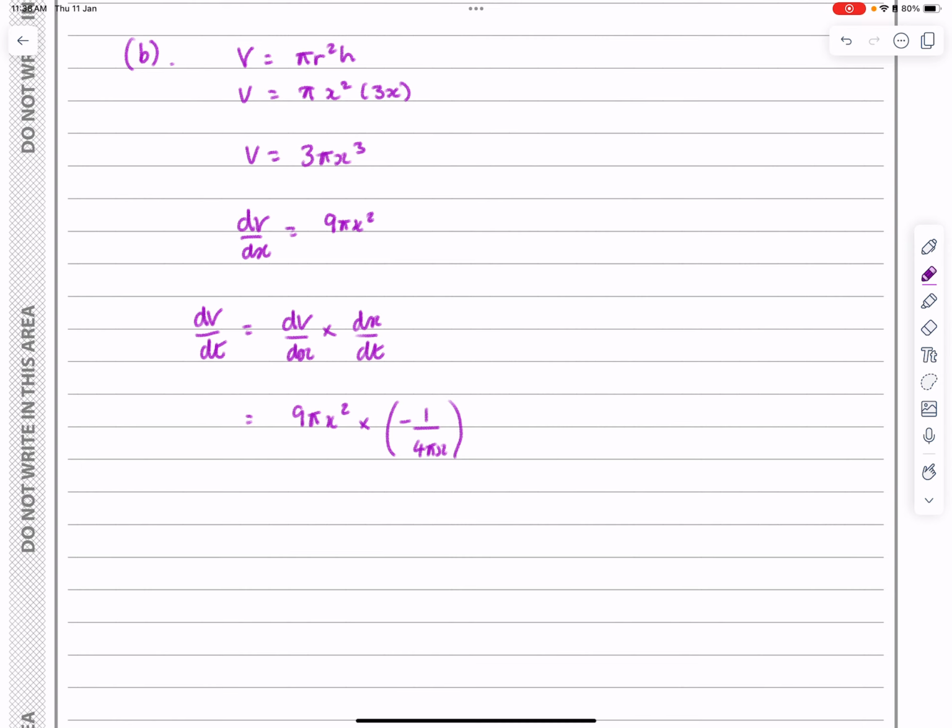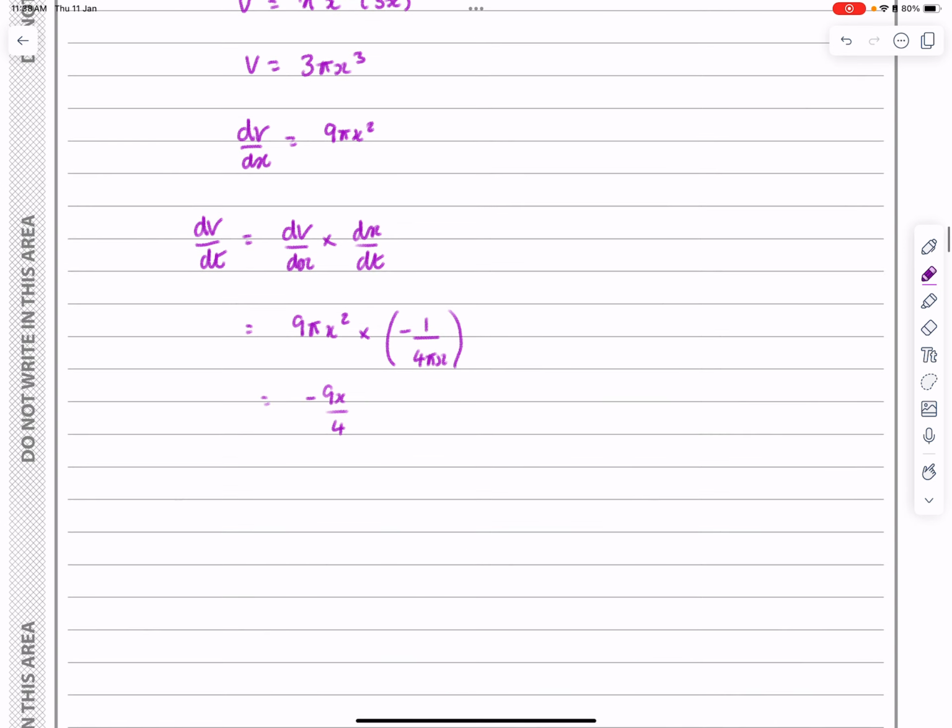If we tidy that up, cancel out the pi's and some of the x's, it comes to 9x over 4, and we know that the question was at x equal to 4. So at x equal to 4, dV by dt is equal to just minus 9.